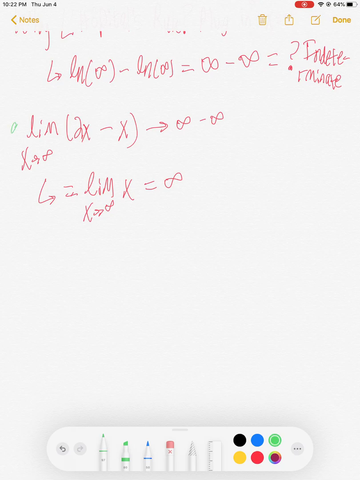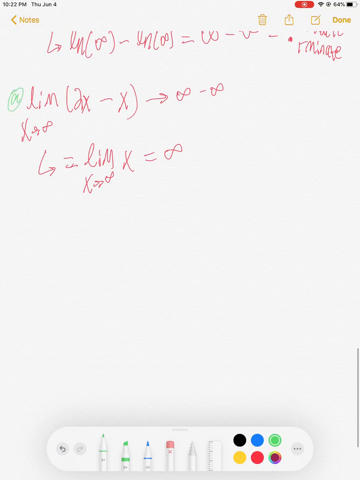But of course, we can see that this limit is really just the limit as x approaches infinity of x, and that we know for a fact to be infinity.